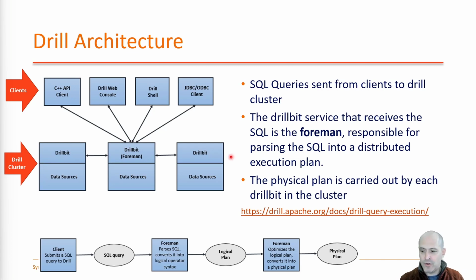So if you're asking for data from S3 and it's enormous, that data might be partitioned across each of the Drillbits, and then the foreman decides how that's done and under which circumstances the physical plan is carried out on each of the nodes.